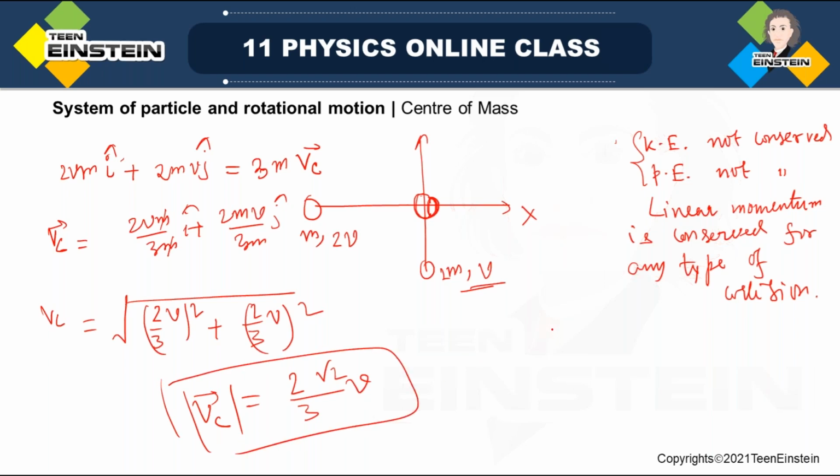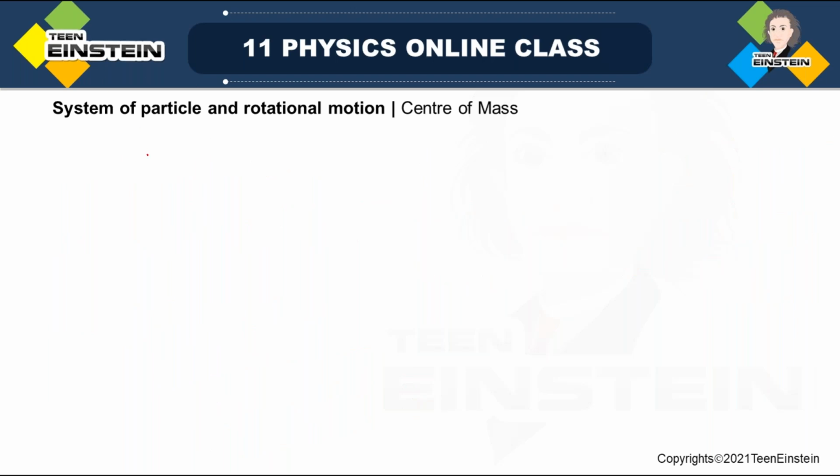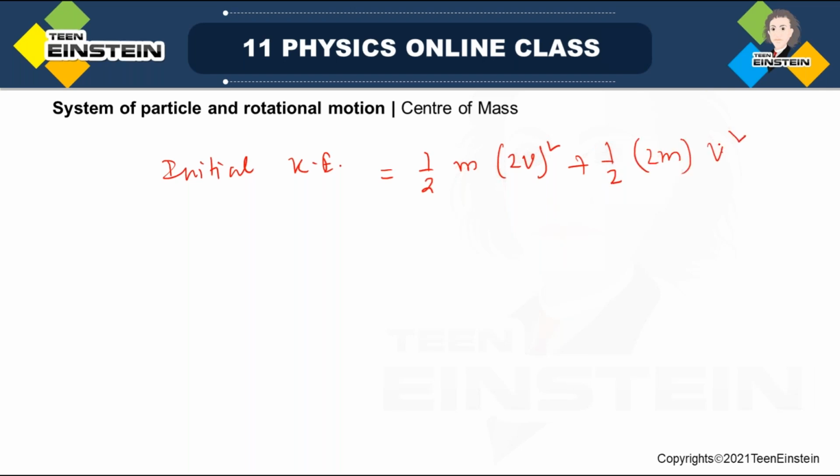Now initially, what was the energy? Initial kinetic energy is half m into 2v square, plus half 2m into v square.